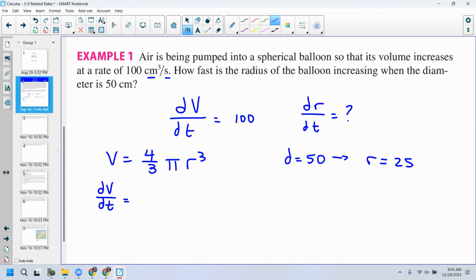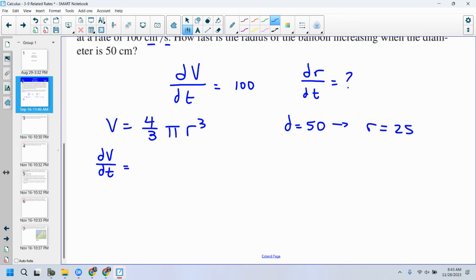My only other variable is the radius on the other side. So let's differentiate that radius. Well, 3 times 4/3 pi r squared, right? Now, we are differentiating. What's on the bottom of both of these rates? Time, right? Do we even see time in that equation? No, we are differentiating this with respect to time.